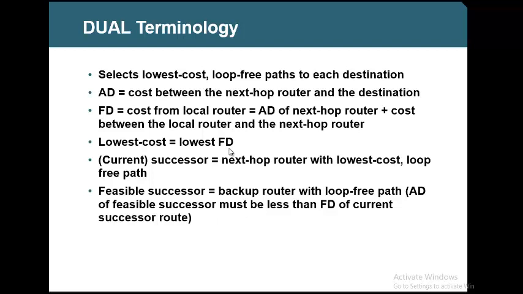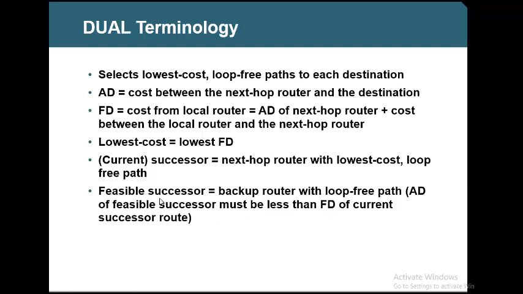Yes. Now, will the successor have the lowest FD or the feasible successor? Who will have the lowest FD? Successor. Very well said. So the lowest FD is what is called the lowest cost. Successor is the one having the low cost path.